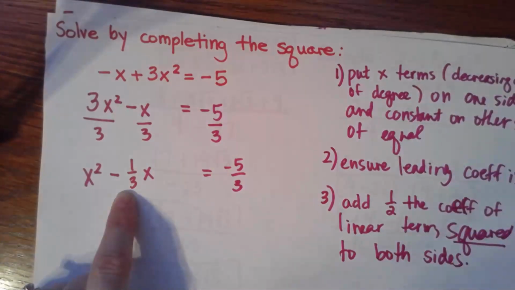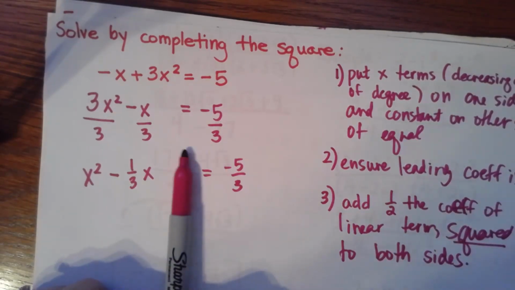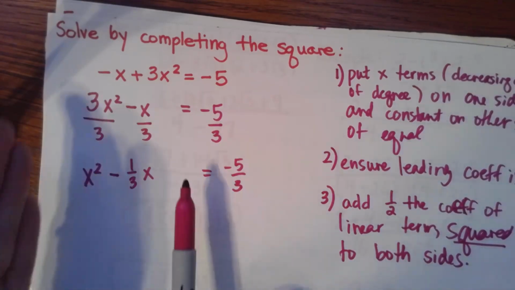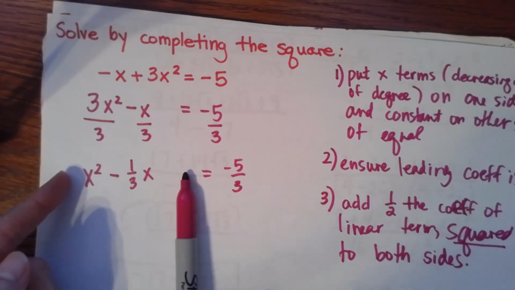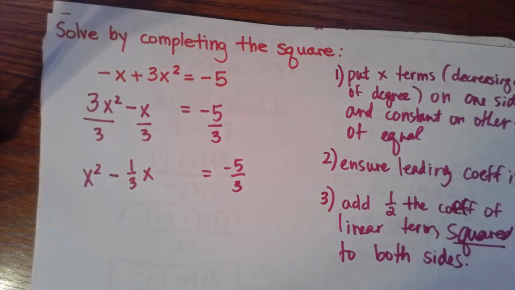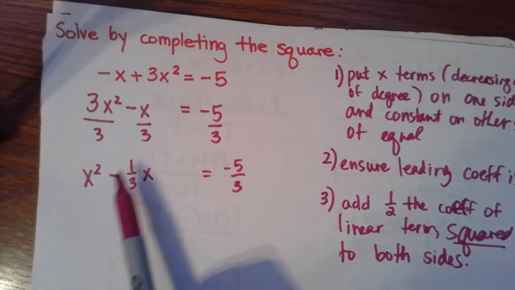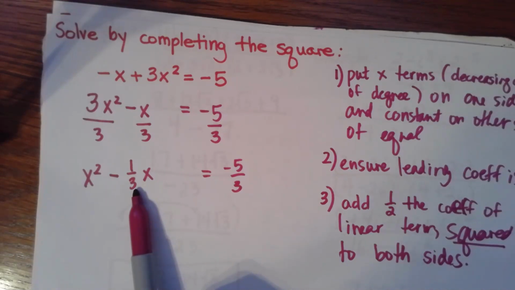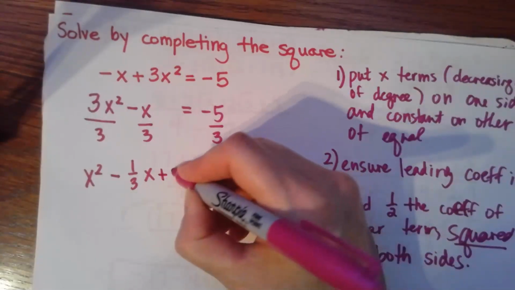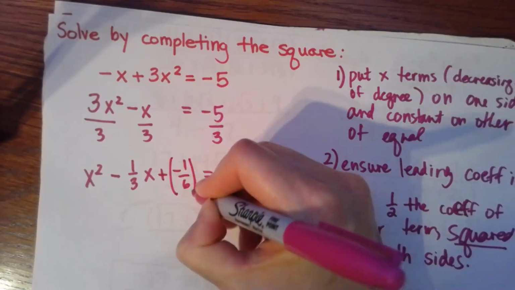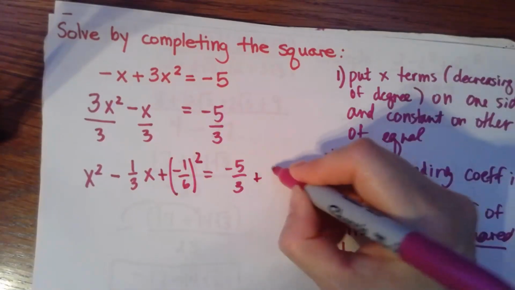Okay, and this is really the completing the square part of it. So I need to add, what could I add right here so that this left side becomes a perfect square and I can factor it as a squared term. Okay, so if I take half of negative 1/3, I get negative 1/6. So I'm going to add on negative 1/6 squared to both sides.